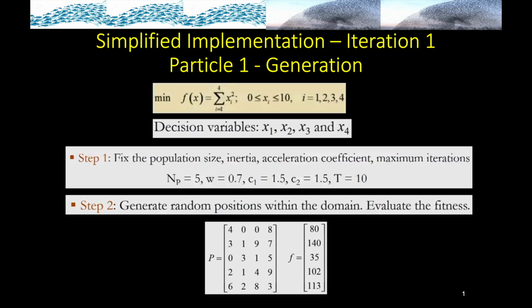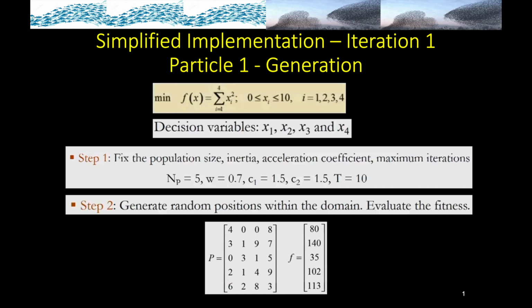For example, the value of x1 in the first member of the population is 4, x2 is 0, x3 is 0, x4 is 8, and if you fill it into the fitness function, which is the sum of squares of these values, you get 4 squared plus 0 squared plus 0 squared plus 8 squared, which is 16 plus 0 plus 0 plus 64, which comes out to be 80, as shown as the fitness value of the first member of the population.